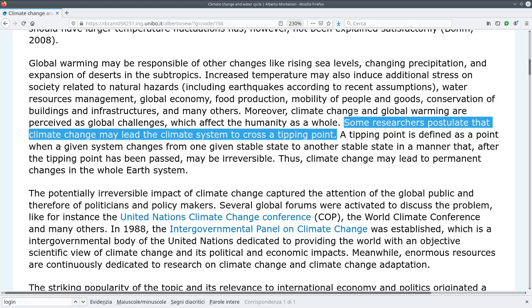So some researchers postulate that also the climate system may have tipping points, which, for instance, I give you an example. There are some researchers who postulate that in the underground of Greenland, there are considerable masses of liquid water.